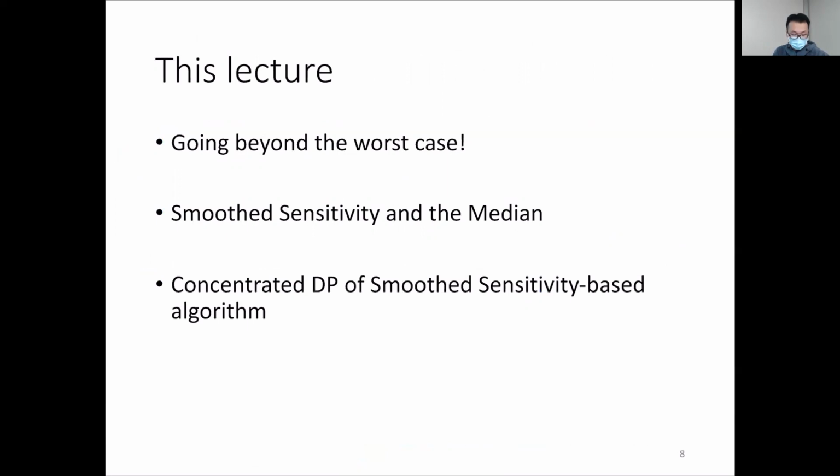We'll talk about the technique called smooth sensitivity and give a running example of releasing the median of a sequence of numerical numbers. Then we'll also cover some more recent results on smooth sensitivity in a recent 2019 revisit of this problem.